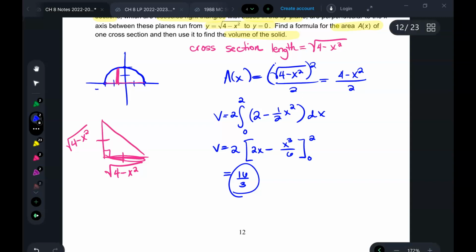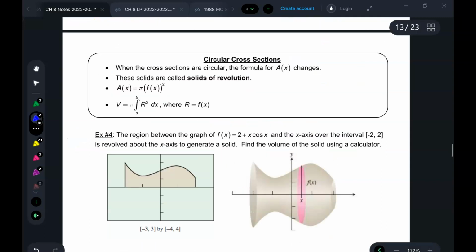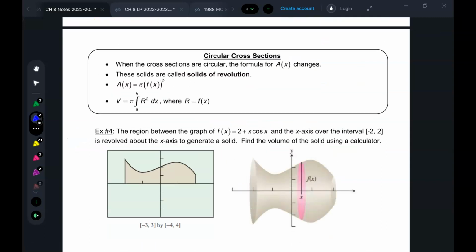So rather than going from -2 to 2, it's easier to have 0 as one of my limits of integration. Whenever I have symmetry, I always like to rewrite it this way. You don't have to, but notice how easy it is to plug in 0. You just get 0, right? Okay.